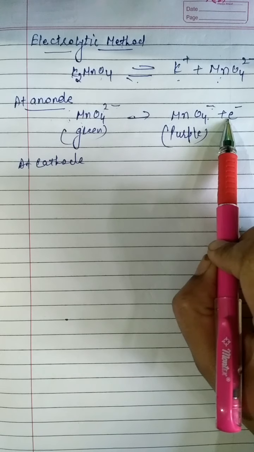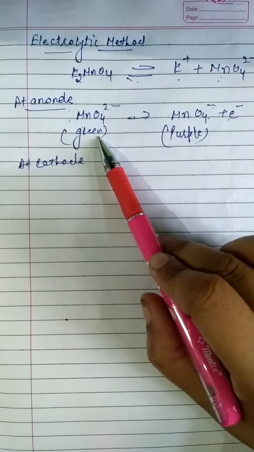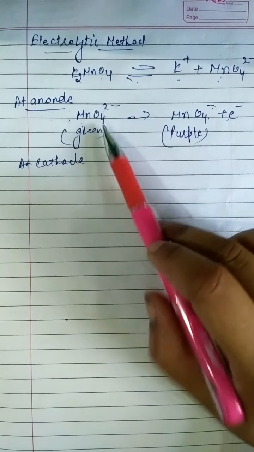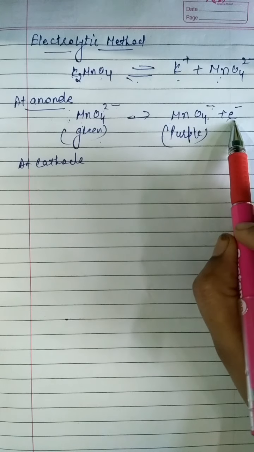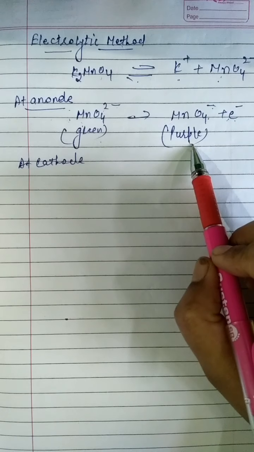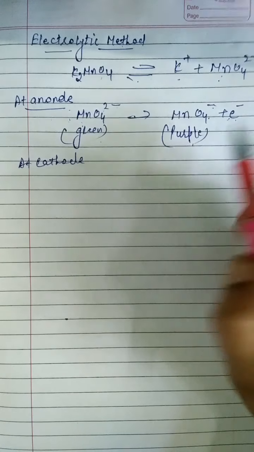The color of the ion is first green, and after the elimination of one electron, it is converted into purple.